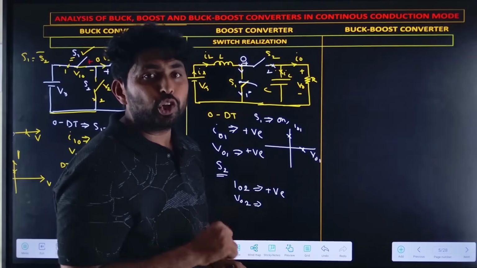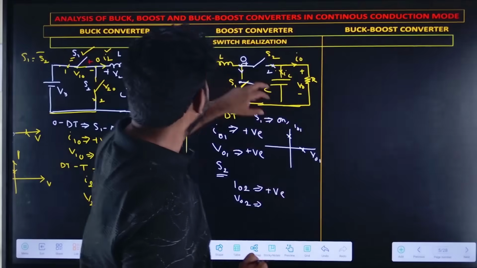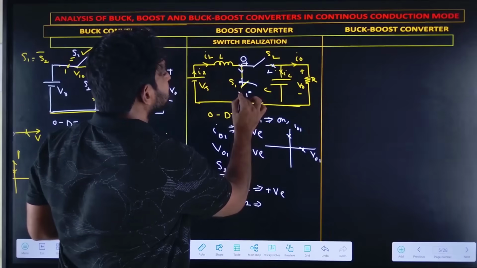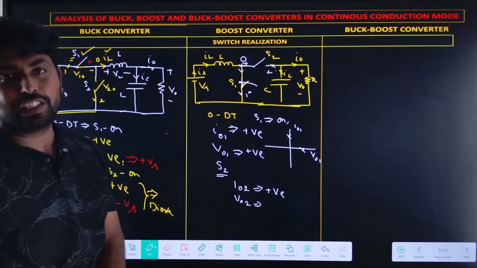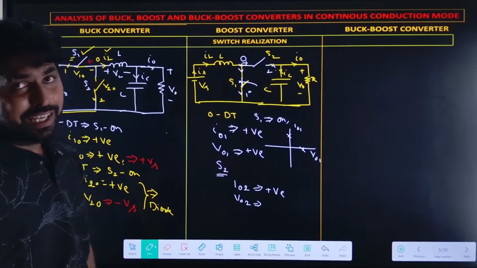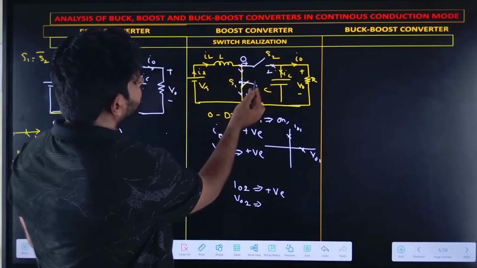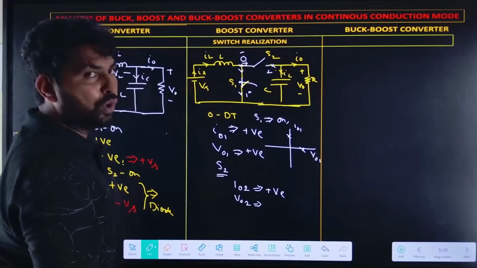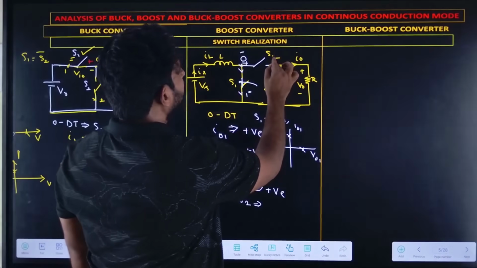To find the V02, I need to close the switch S1. Now if I close the S1, what happens? Here the negative is connected to the O, and 2 is connected to the positive.